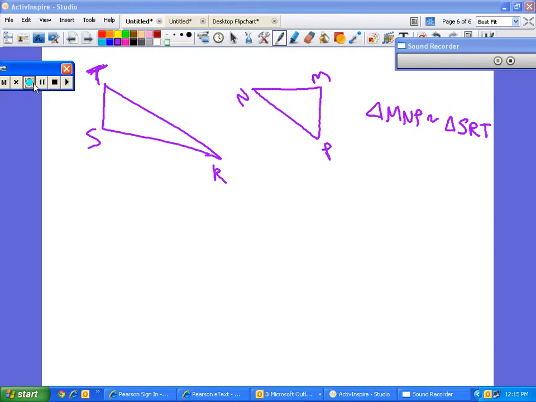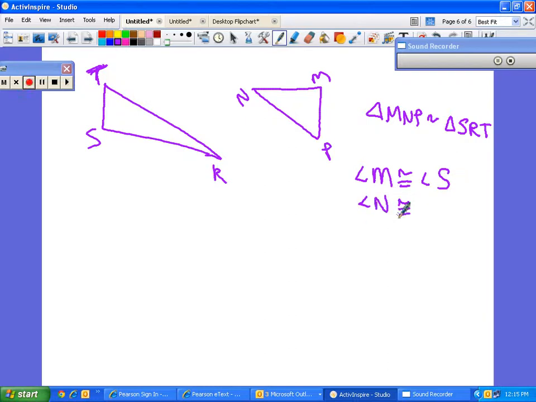So we could say that angle M is congruent to angle S. And that angle N is congruent to which angle? Angle R. And angle P is congruent to angle T. Okay, so when we're talking about congruent angles, to find the congruent angles, we use the figure, we use the similarity statement.